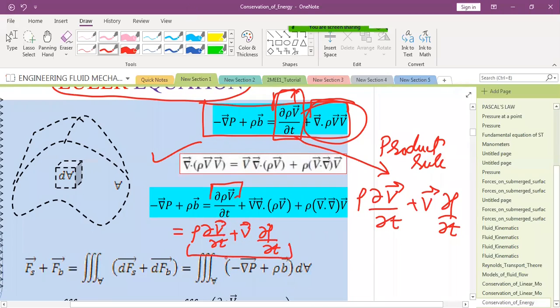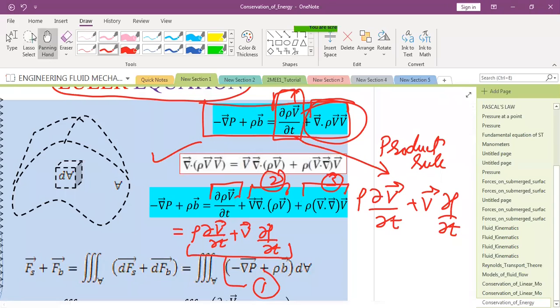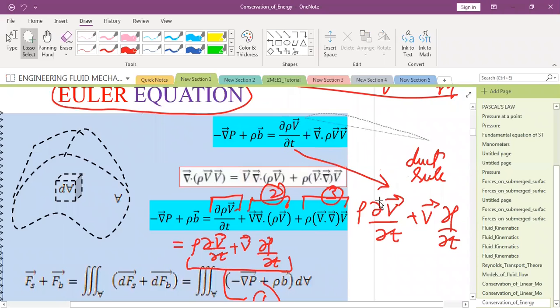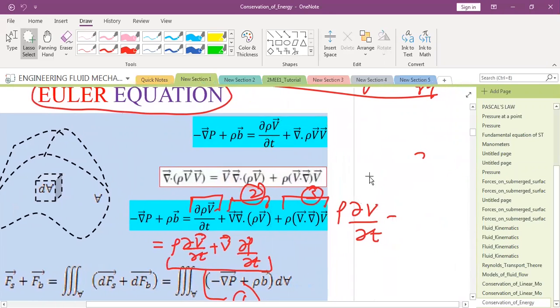Now let me know, this is say the first term, this is the second term, this is the third term. Can you combine certain terms here and put them equal to 0? I am giving you a hint. By the way, what is the continuity equation? Anyone? What is the continuity equation?